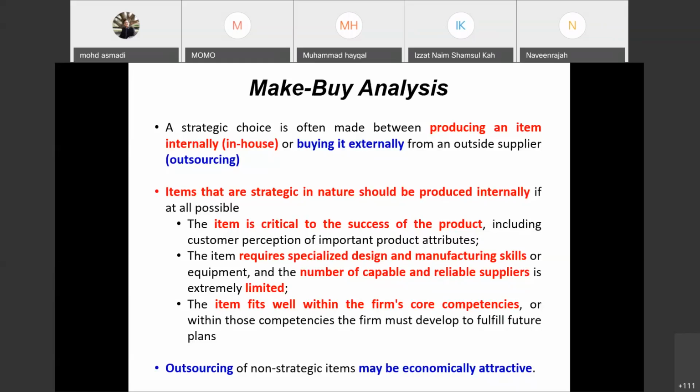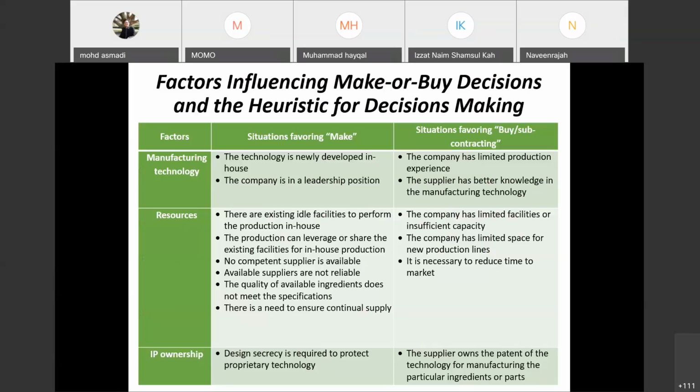And outsourcing is for non-strategic items, maybe economically attractive. If you look here, these are the factors influencing the make or buy decision and the heuristics for decision making. This table is important for the procedure to make a buy analysis.